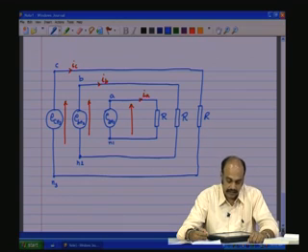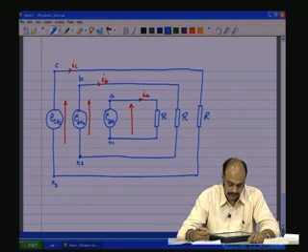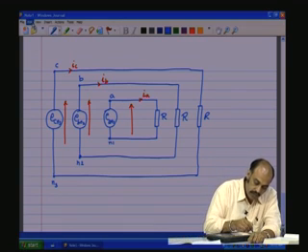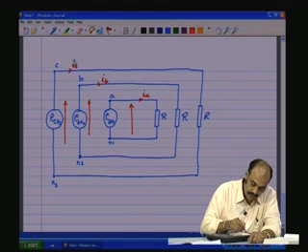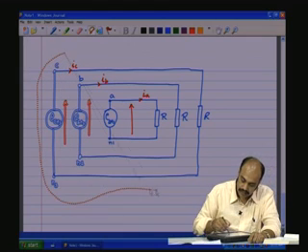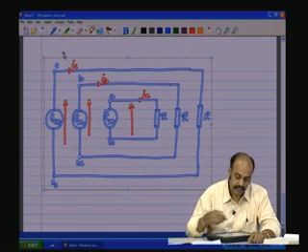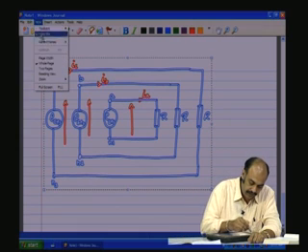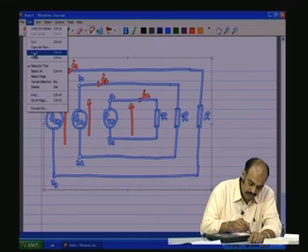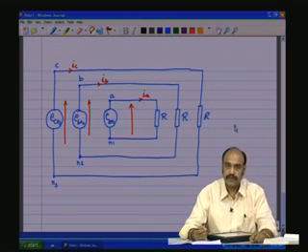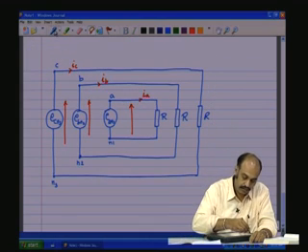Now, let us apply some constraints. What are the constraints? Let us make the amplitudes of the voltages the same for all three.